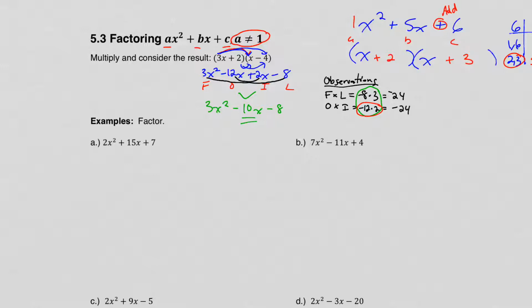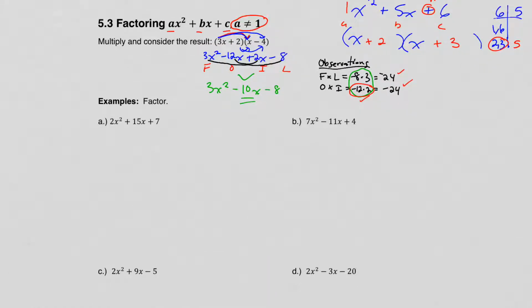All right, so that's the approach we're going to do. We're going to multiply a times c, okay? Because a times c is going to give you this 24, but then we're going to choose the factors that give us the middle term. Okay, and then we'll do an extra step after that. So let's take a look.